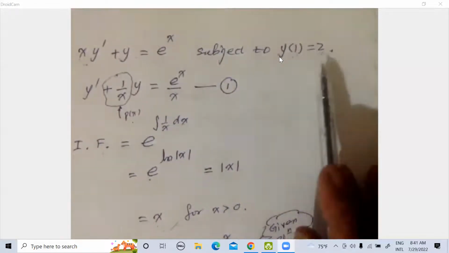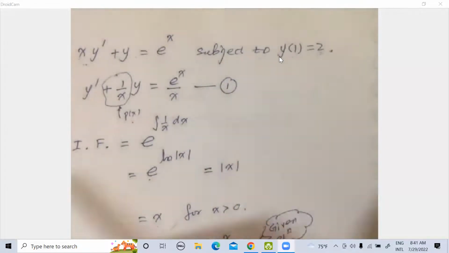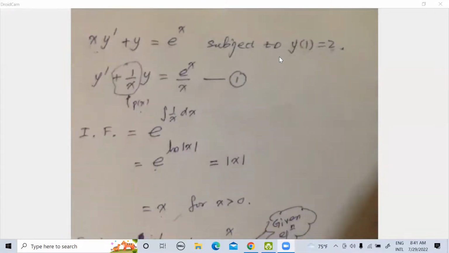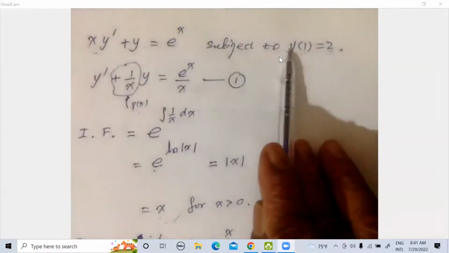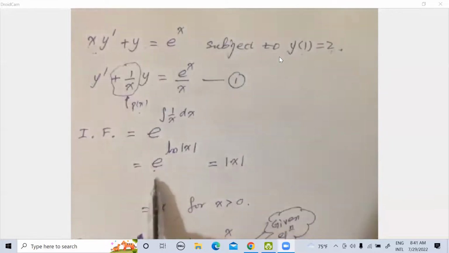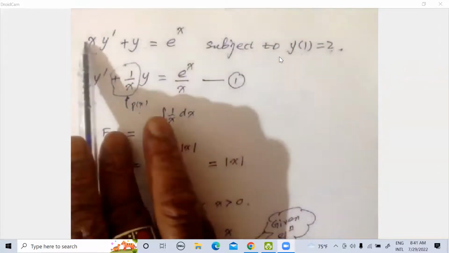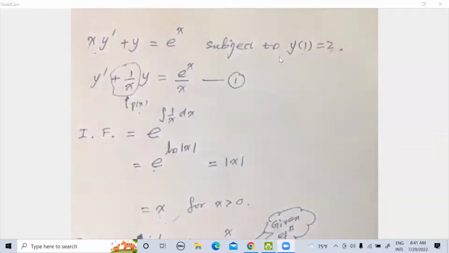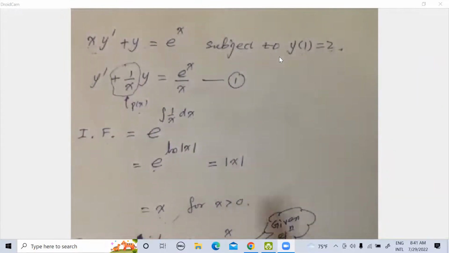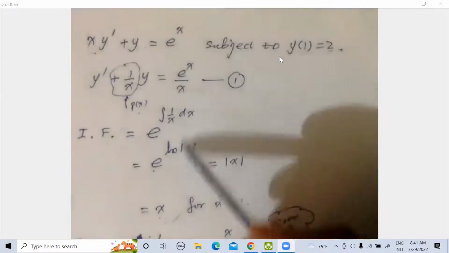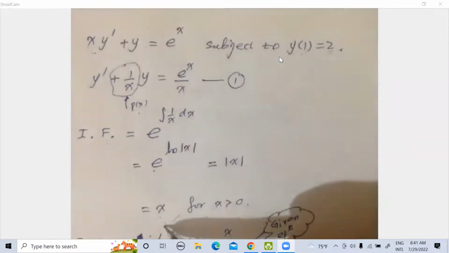But here I explained it using the given condition, which must also be taken into consideration. So even if x is negative, you would get minus x here. If you multiply this whole thing by minus x, minus cancels. You just get multiplication by x. So do you understand the integrating factor?